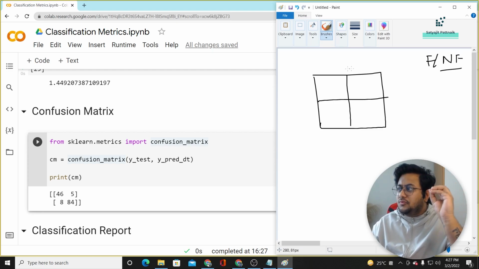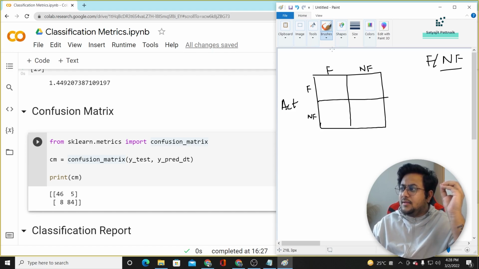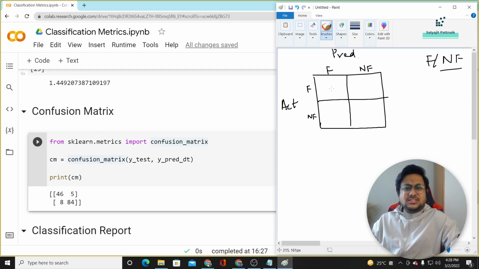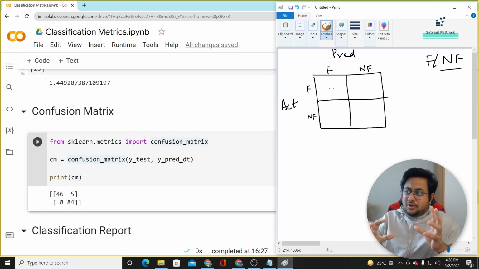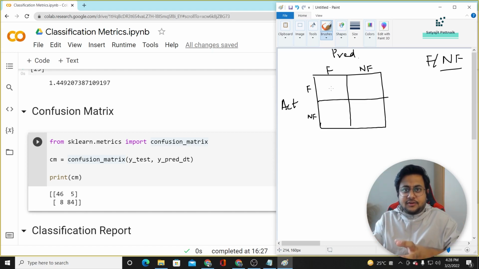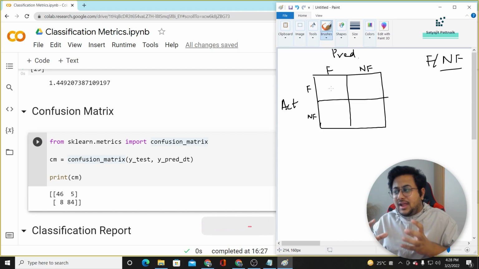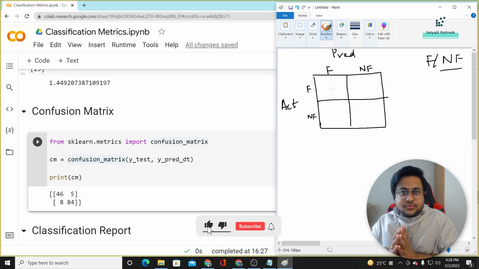Fraud could be one case and not fraud could be another case. This is my actual data, and this is my predicted data. This box basically tells you how many of them are actually fraud and predicted as not fraud, actually not fraud and predicted as fraud, and actually not fraud and predicted as not fraud.